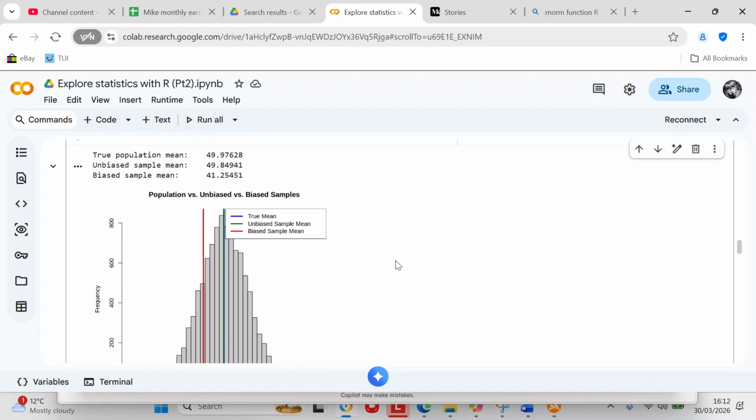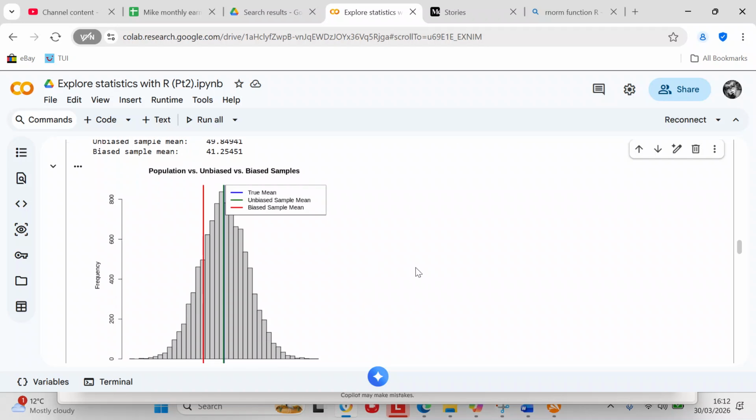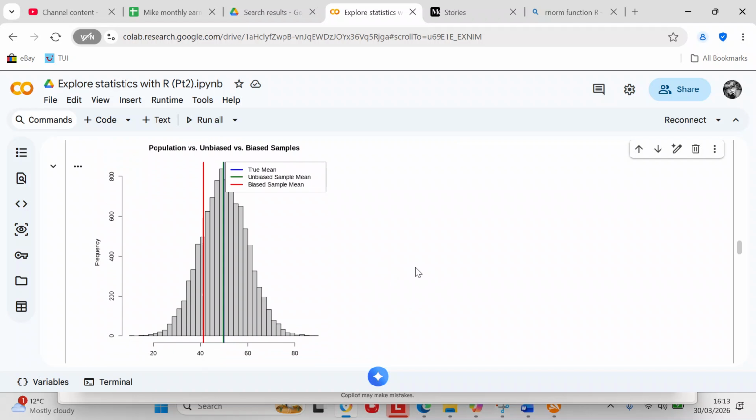the biased sample mean is only taking a sample up to 50, and then anything above 50, it doesn't take it. And then your unbiased sample takes everything. So we've got a normal distribution from 0 to 100, and 20, it's basically 20 to 80.